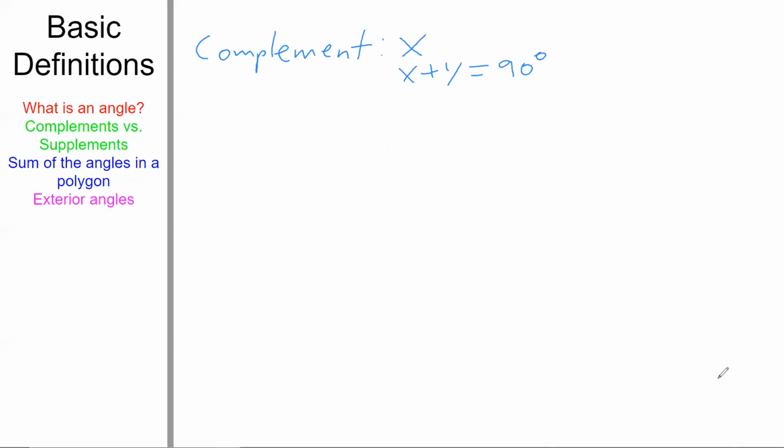For example, if I gave you the angle 30 degrees and I asked you what is the complement of 30, you would give me 60 degrees because 90 minus 30 equals 60.